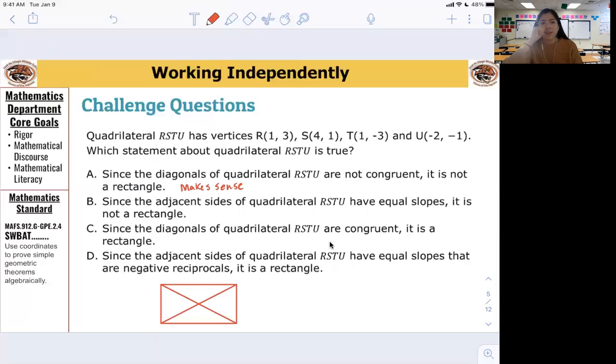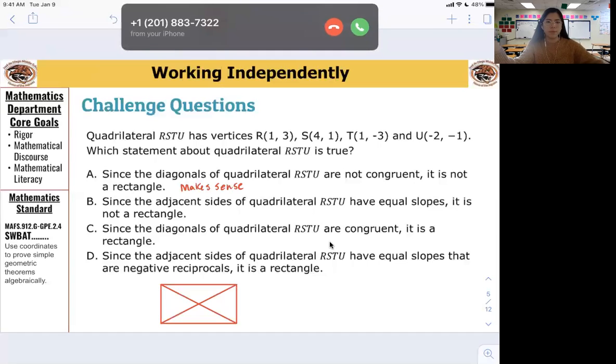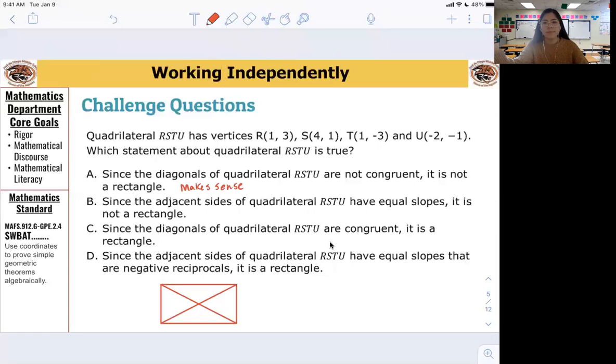Statement B: Since the adjacent sides of the quadrilateral have equal slopes, it is not a rectangle. What does adjacent mean again? Next to.